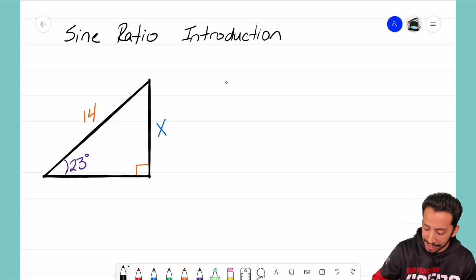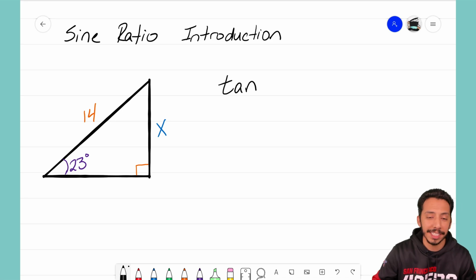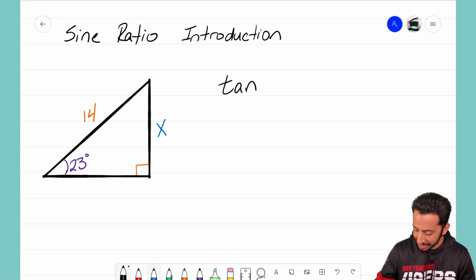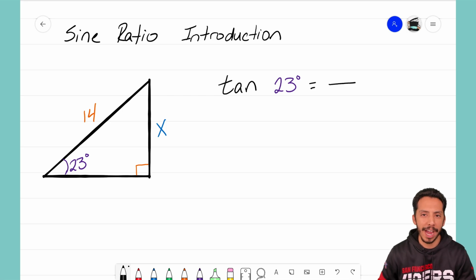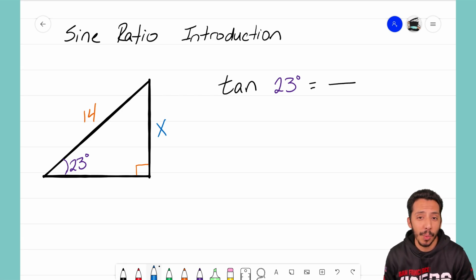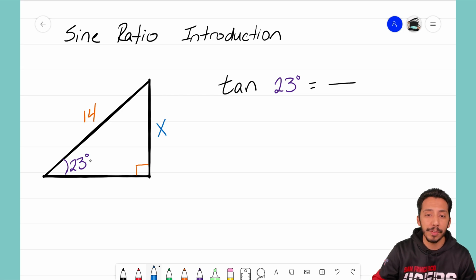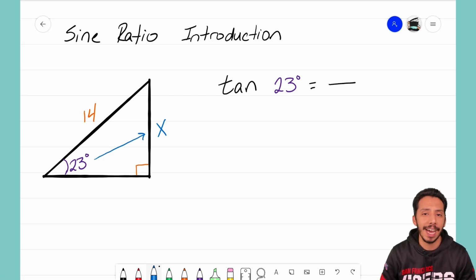When I try to set up my tangent ratio, I write tan of my reference angle, 23 degrees, equal to a fraction, and our fraction is normally delta y over delta x. In the previous video, I mentioned that to find delta y, you start at your reference angle and draw an arrow going to the opposite side.